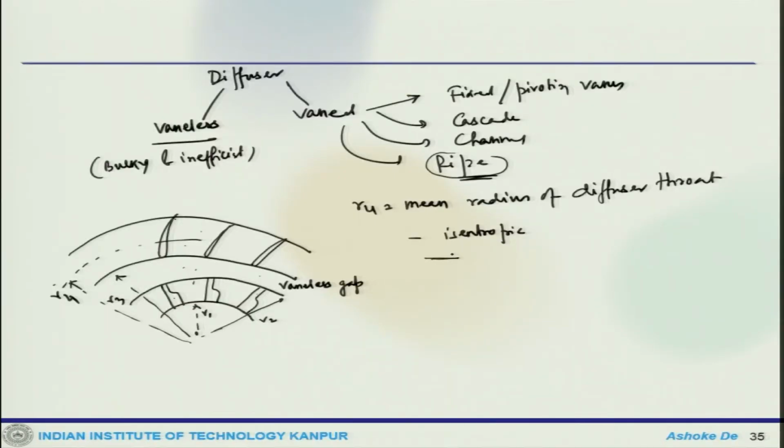So, we are talking about the diffuser, vaneless diffuser and vaned diffuser, and this is the schematic of the geometry where we are talking about the gap, which is a vaneless gap, and the whole idea is that these are the different radii and R 4 is the mean radius of the diffuser throat.